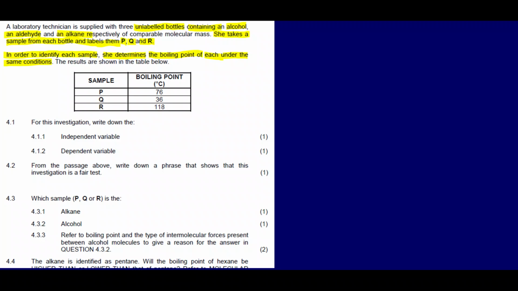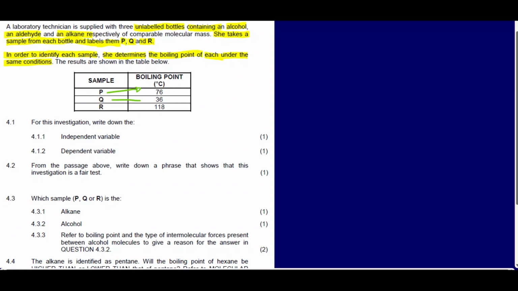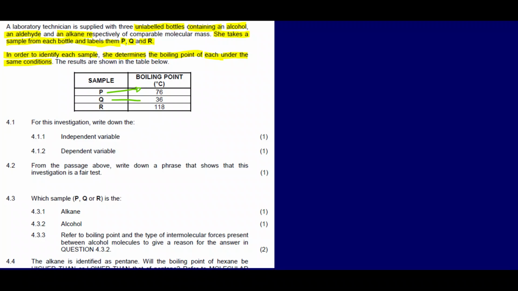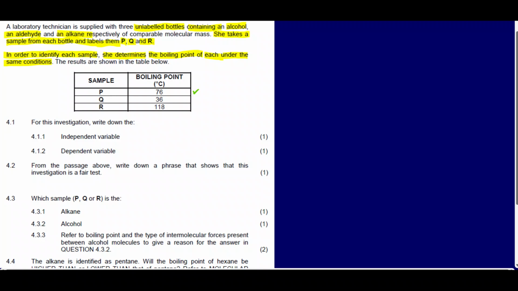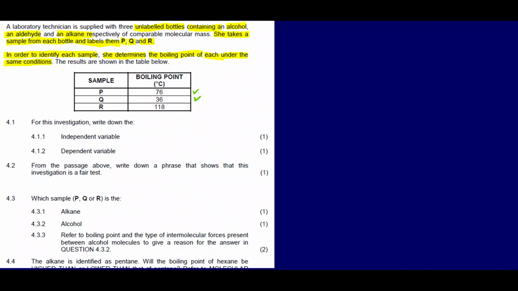We have a table drawn there, and on this table we can see the boiling points of each compound. It was found that compound P has a boiling point of 76, sample Q has a boiling point of 36, and sample R has a boiling point of 118.